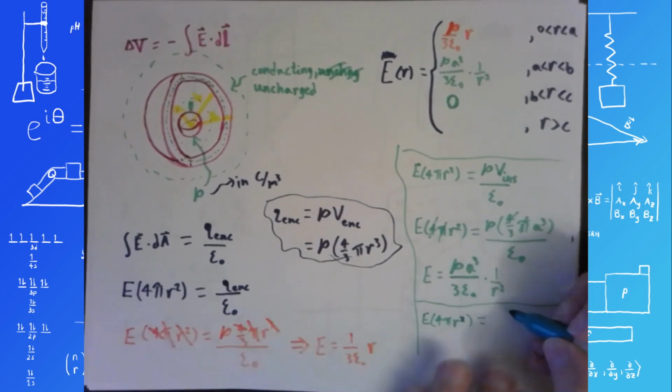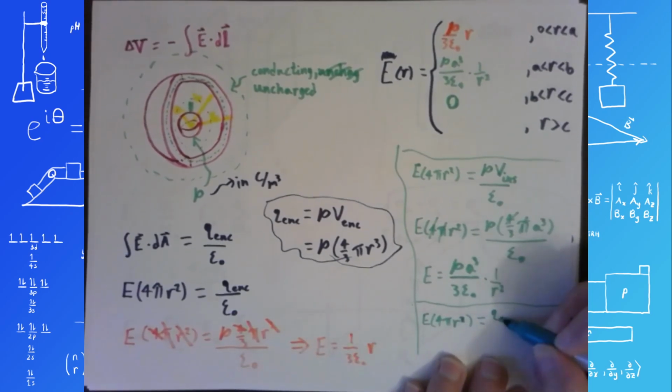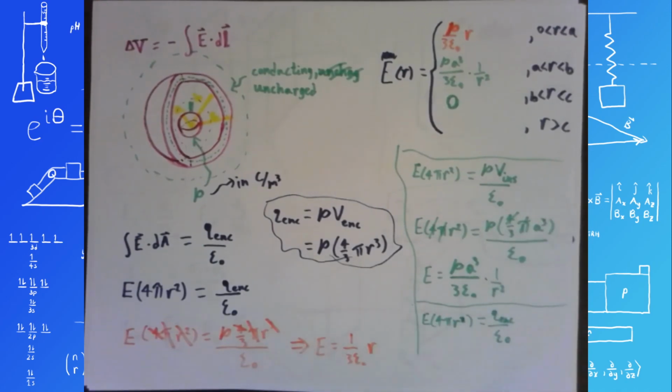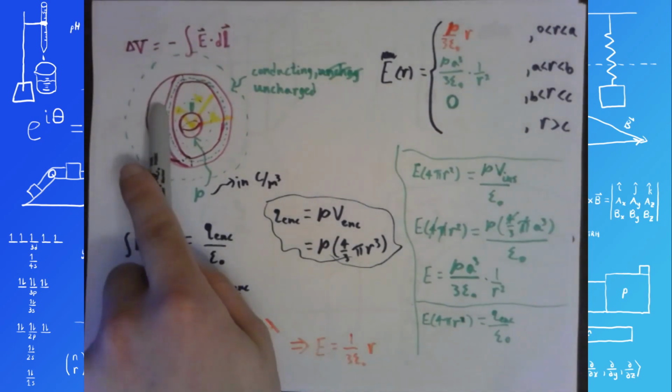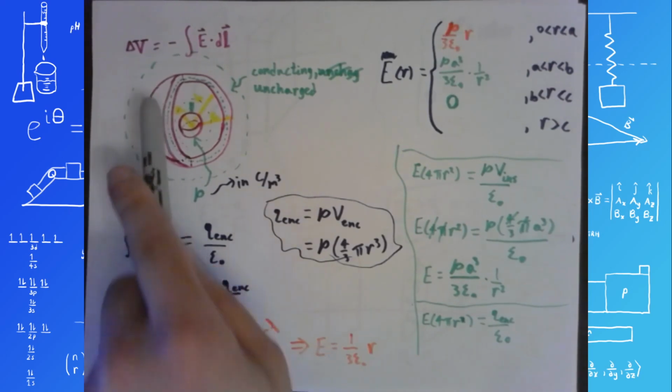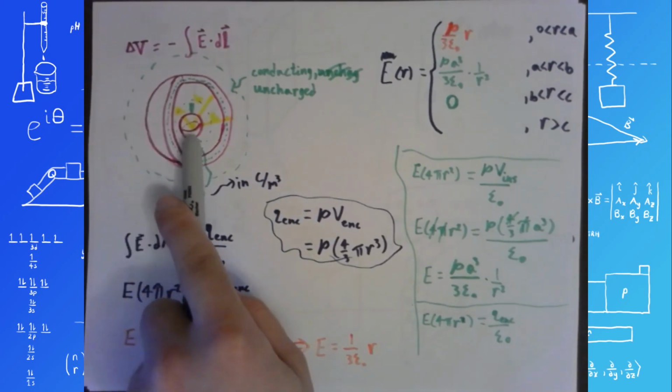And for the right-hand side, we're going to have total charge enclosed over epsilon naught. But wait a minute, the total charge on the conducting sphere is 0. So you get nothing from the conducting sphere. All the charge you get is the charge of the insulating sphere, and we already know what that is.